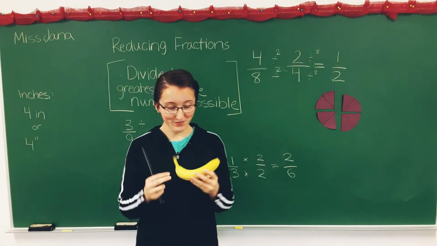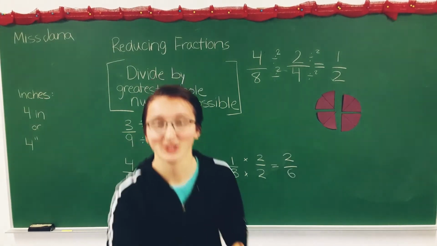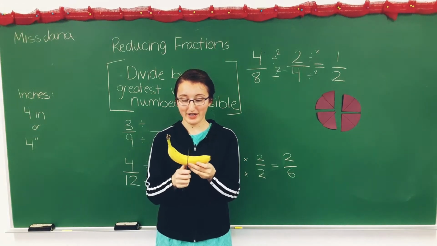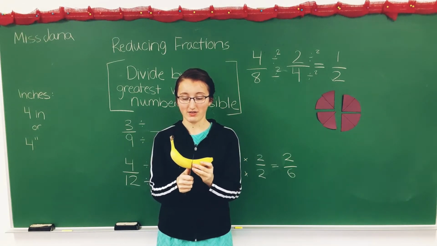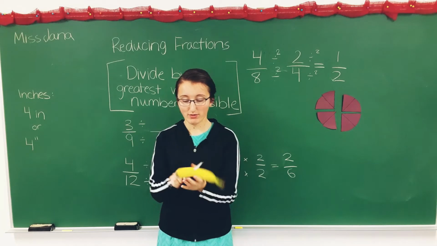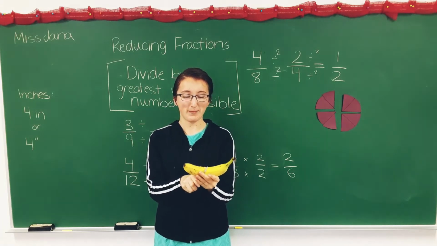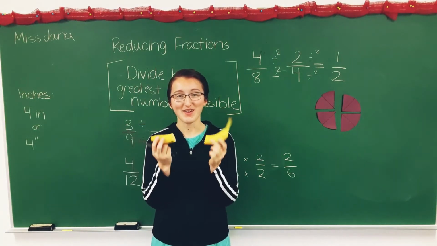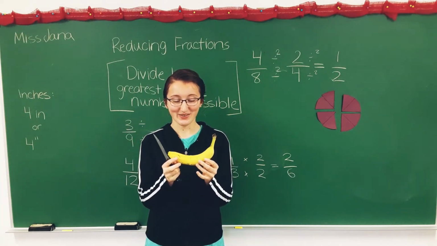So we have a banana, and we're going to do another equivalent fraction thing. So we have 1 banana, right? So we're going to cut it into half first. Okay, so we have 2 halves of a banana, right? So this makes 1 whole.